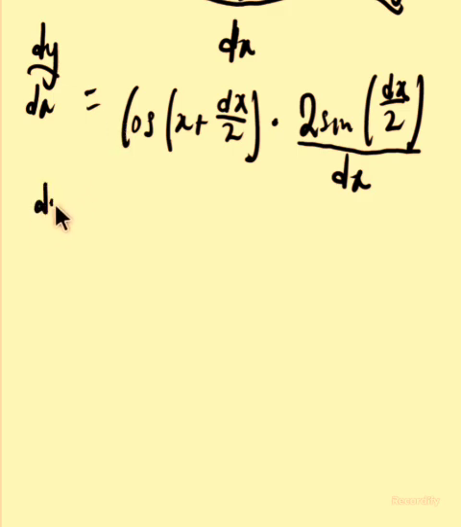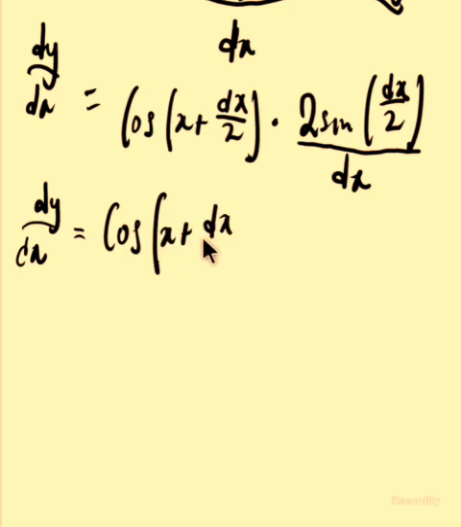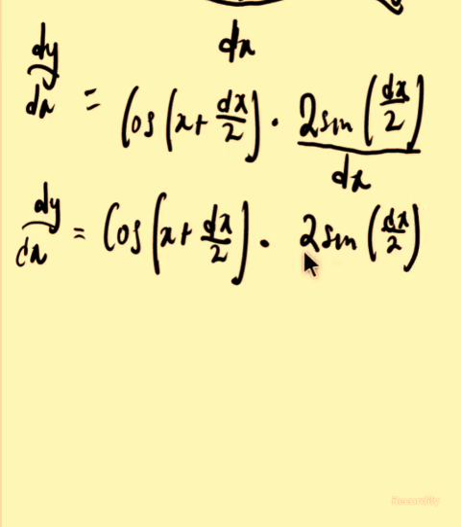Now this can also be rewritten, according to the laws of algebra, as cos of (x plus dx over 2). Now this is the same thing as if I divide the numerator, that is 2 sine of dx over 2, and the denominator dx, by 2.